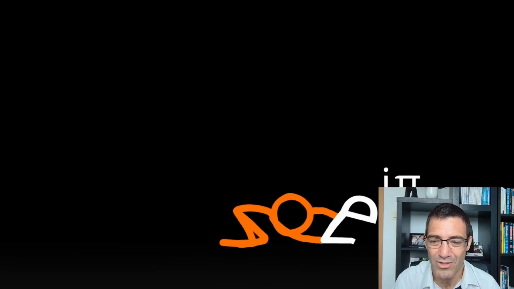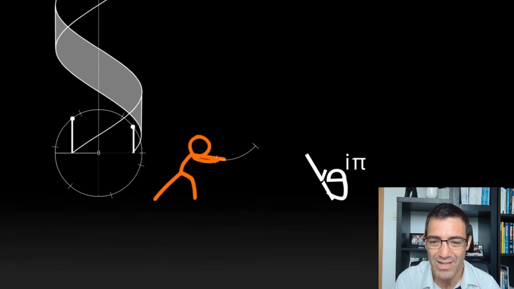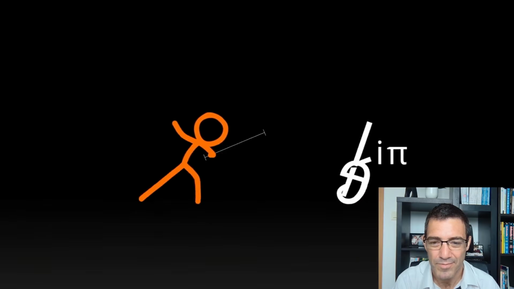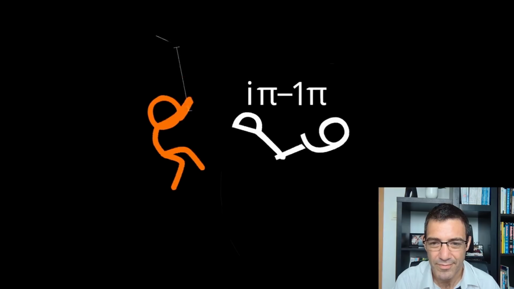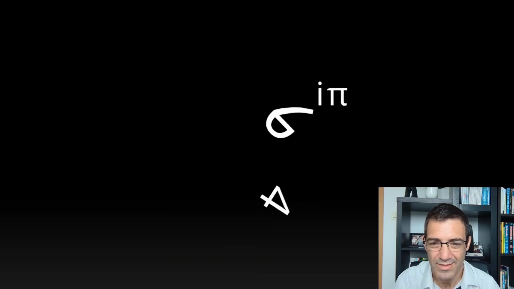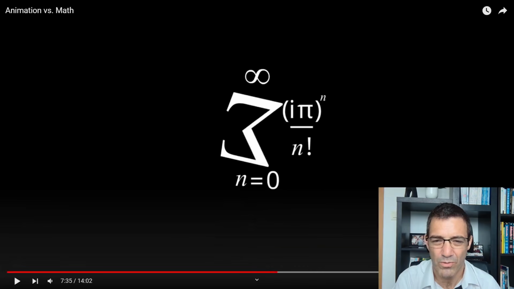Oh, so we use Euler's identity again with the cosine and the I sine to change back to e to the I pi. Whoa, okay, so who's this, you guys? This is the sum from 0 to infinity of I pi to the power n over n factorial.